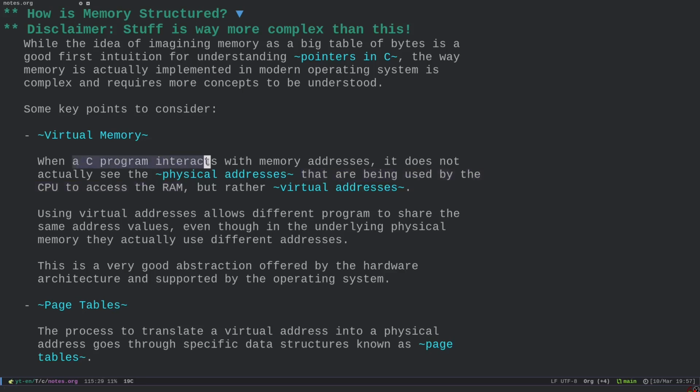What the C program sees actually are the virtual addresses. Using virtual addresses allows different programs to share the same address values, even though in the underlying physical memory, they actually use different addresses. This is a very good abstraction offered by the hardware architecture and also supported by the operating system.